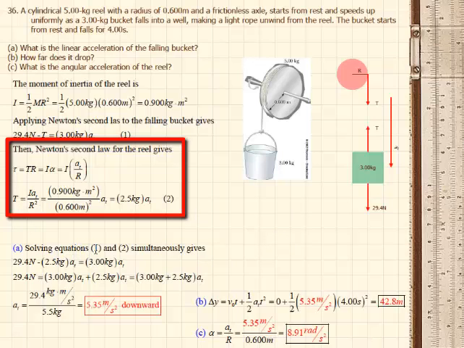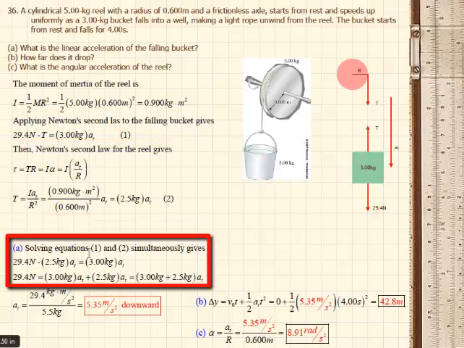So solving equations 1 and 2 simultaneously then gives us, looking at the first relationship that we got up here, number 1, and the second relationship where now we can substitute our values.